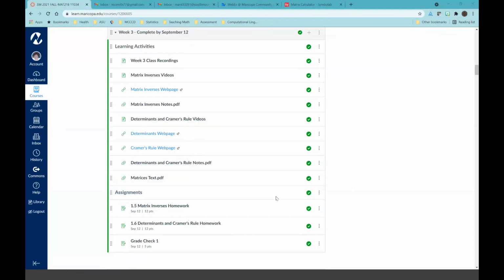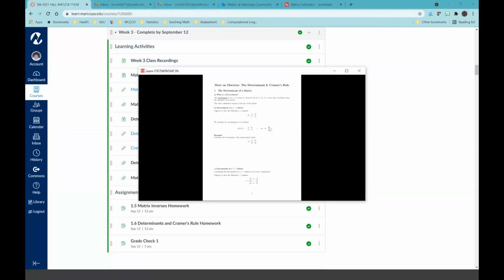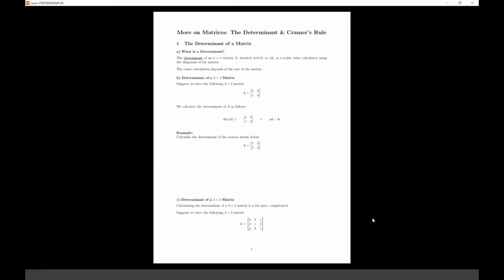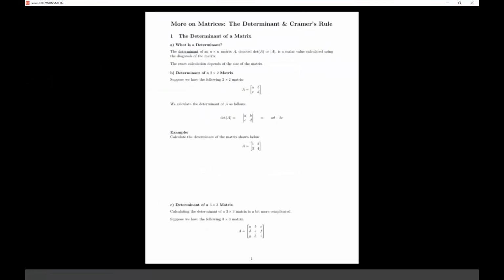All right, let me share this with you. Sorry, this is going to take me a minute to get the sharing going. All righty, now we should see more on matrices, the determinant, and Cramer's rule. Can everybody just give me a shout out? Everybody's seeing that.